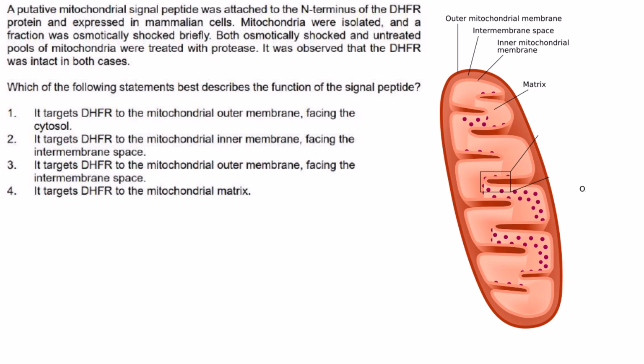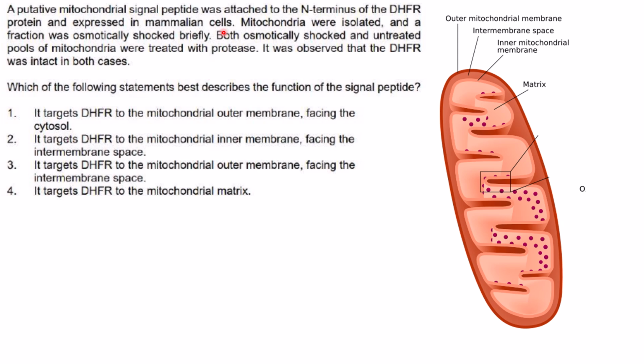So coming to the first question, a putative mitochondrial signal peptide was attached to the N-terminus of the DHFR protein and expressed in mammalian cells. DHFR, I think, is the dihydrofolate reductase protein, and an N-terminal signal was attached to this DHFR, and it was targeted for expression in mitochondria.